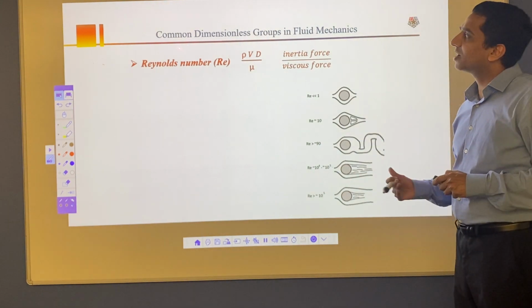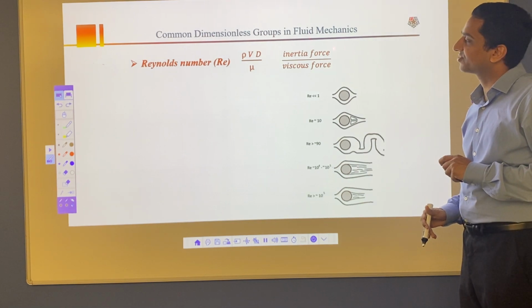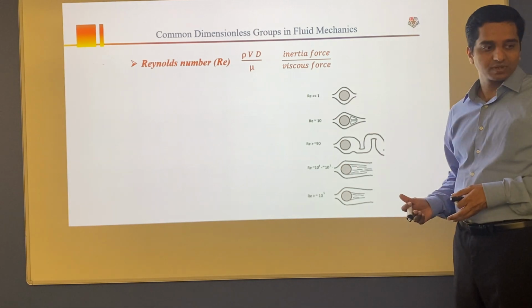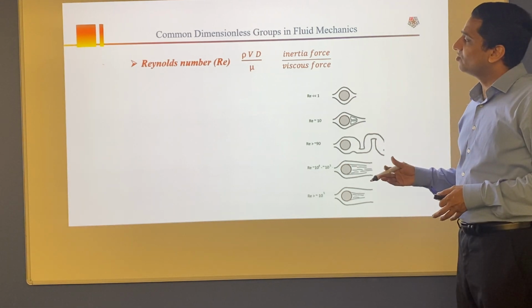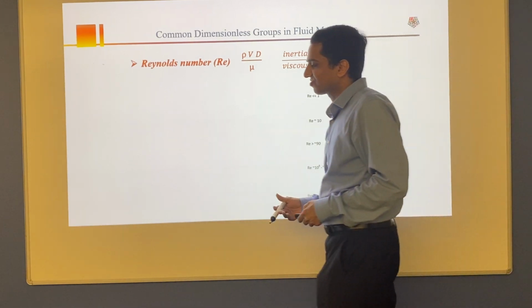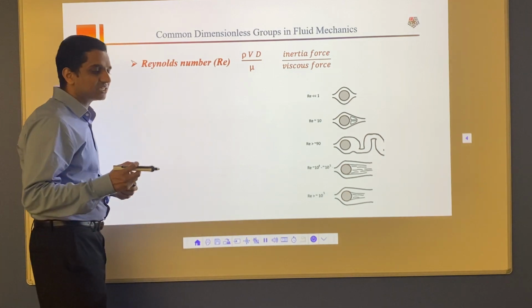Now, the final part for this chapter: some common dimensionless groups in fluid mechanics. When you do these experiments, there will always be some numbers that repeat themselves, some dimensionless parameters.